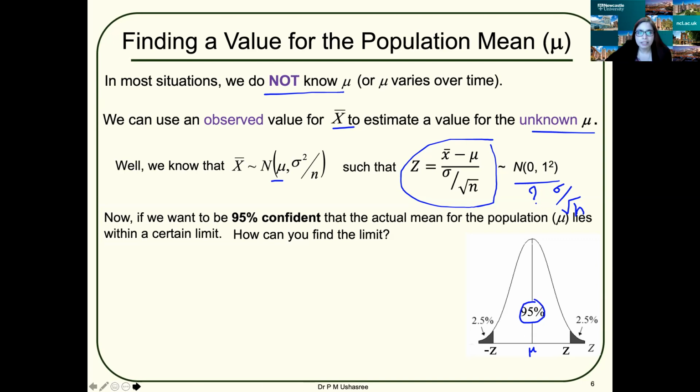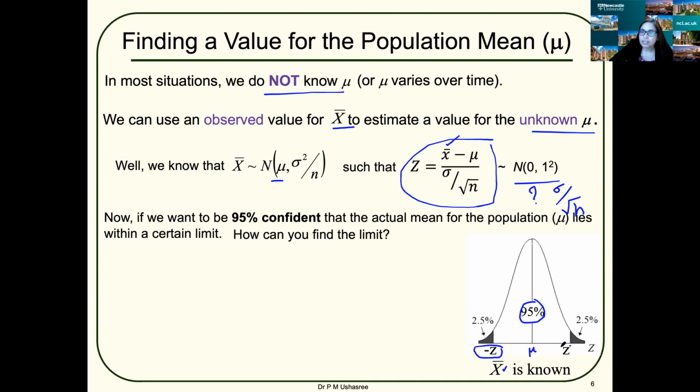Remember, we know X bar because we know the sample mean. We can add up all the data values and divide by the size of the sample to get the sample mean.